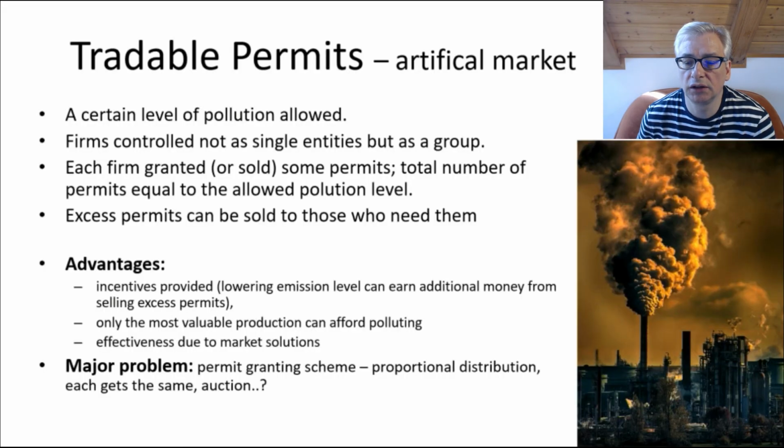Businesses must cut down production unless they can change technology. So there is an incentive here, right, to change the technology. It is possible for some businesses to reduce their emission and not change production.